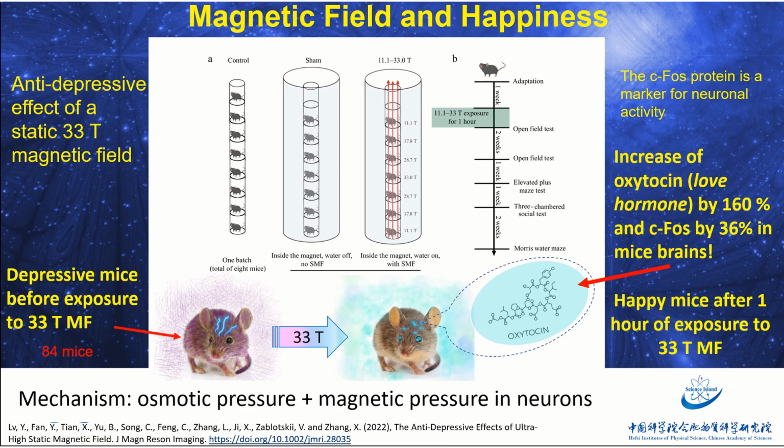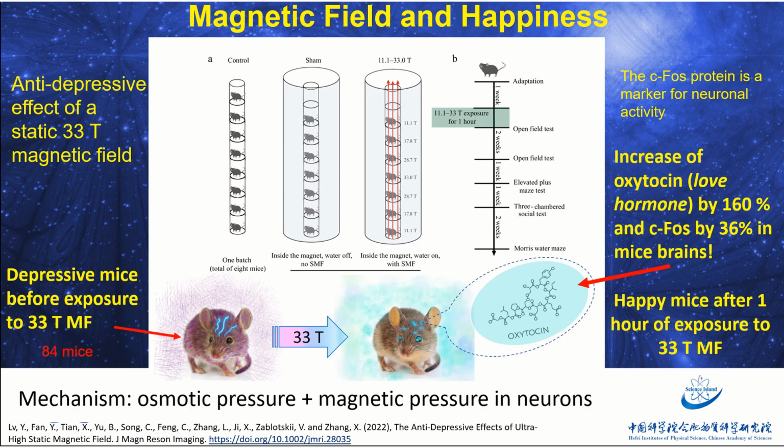Thus, in a high enough static magnetic field, the magnetic pressure may cause an imbalance in the osmotic and hydrostatic pressures, which in turn changes the fluxes of ions transported through the cell membrane and the osmotic pressure as well. We hypothesized that the change induced by the magnetic field in the hydrostatic and osmotic pressure balance can affect oxytocin levels through mechanosensitive ion channels.